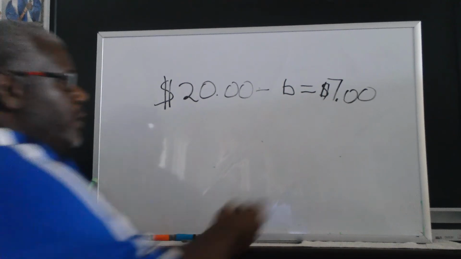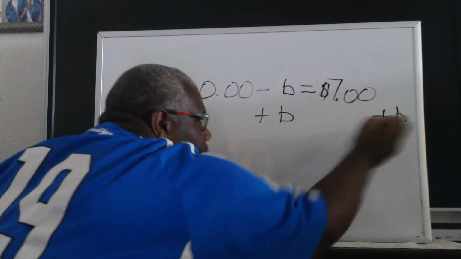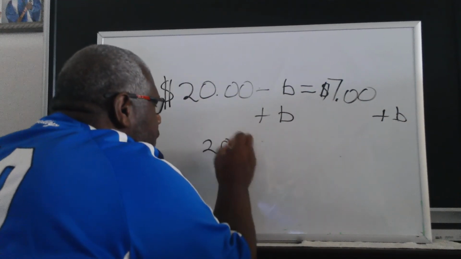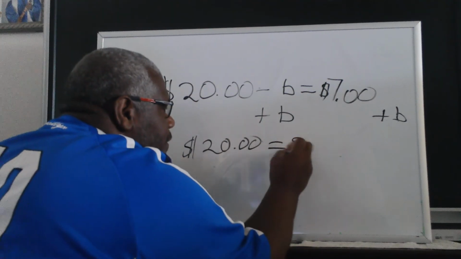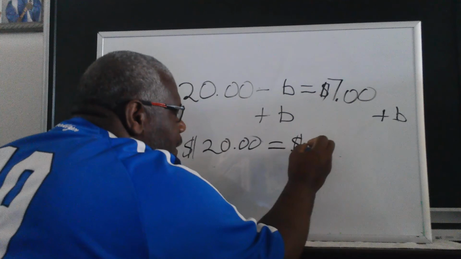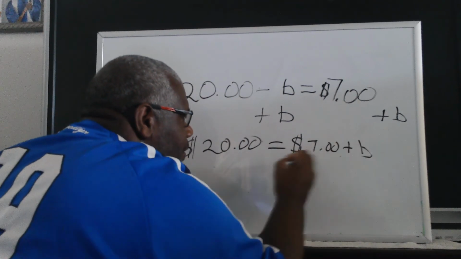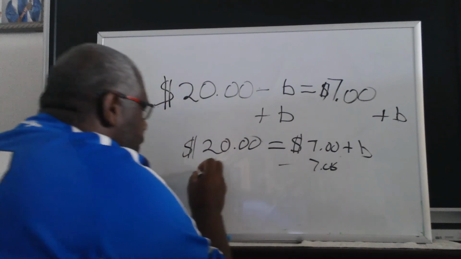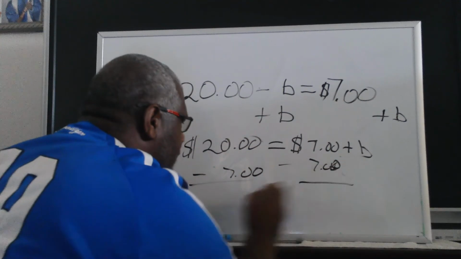So, what did we do? We did this. So 20 equals 7 plus B, minus 7, minus 7, and again, that's a 0.